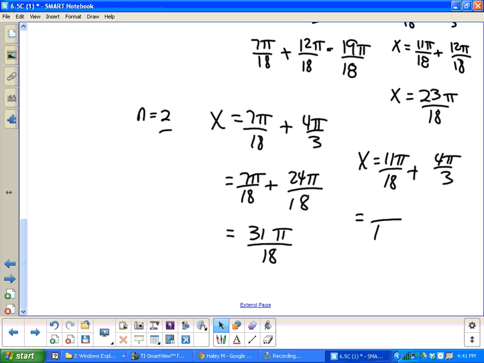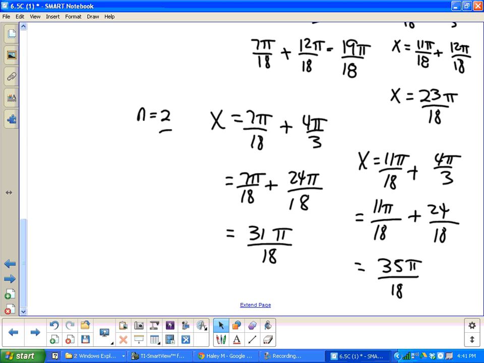Common denominator again is going to be 18. So 3 times 6, that would be 24 pi over 18, and then 11 would be 35 pi over 18. Notice that's just under 2, because 36 divided by 18 would be 2. So 35 over 18 would be less than 2.